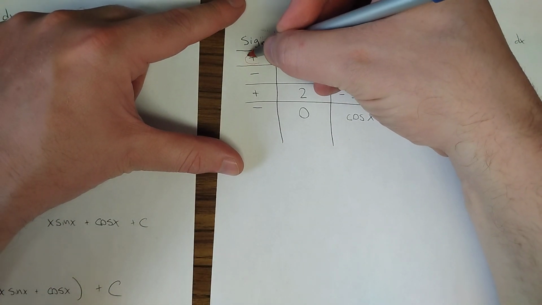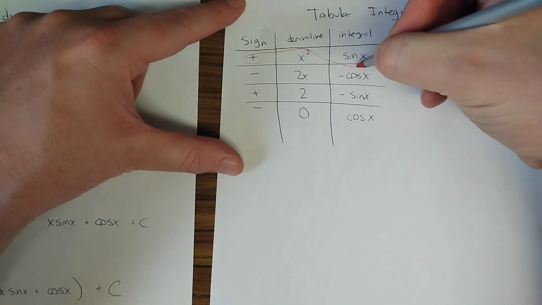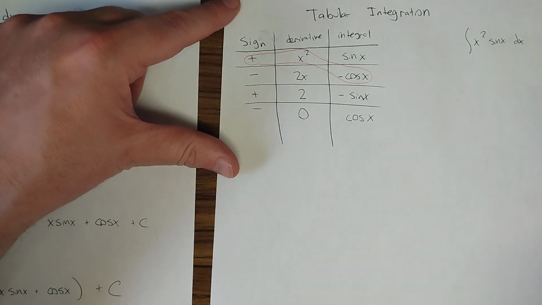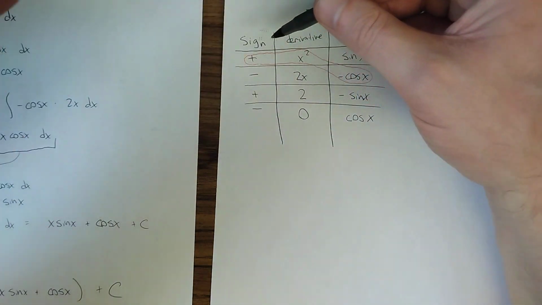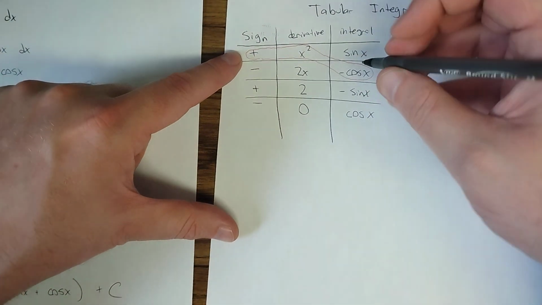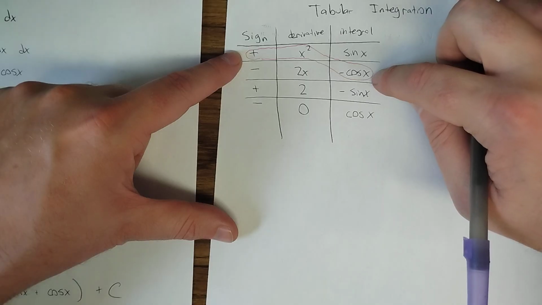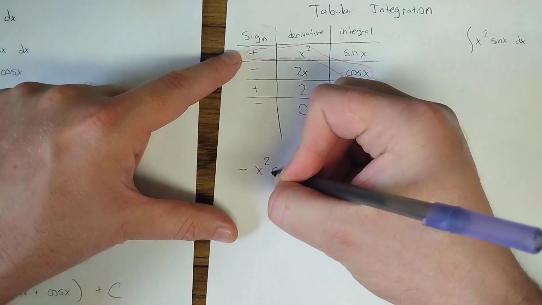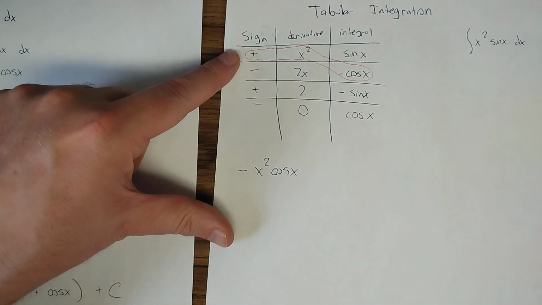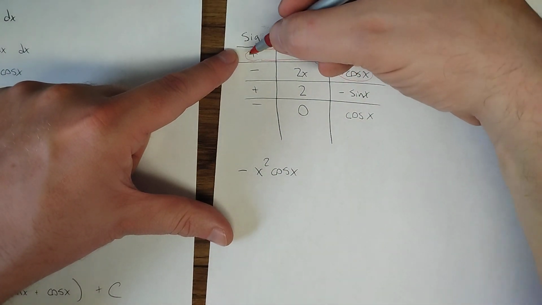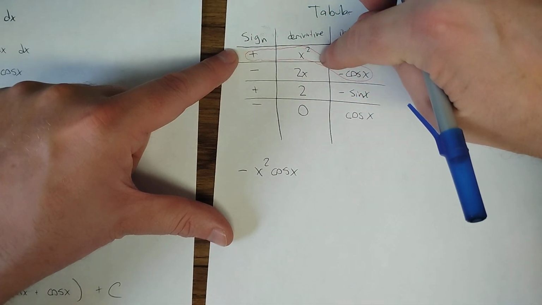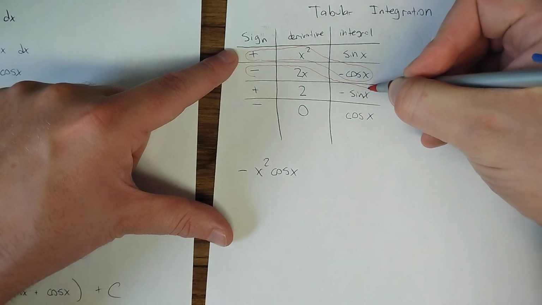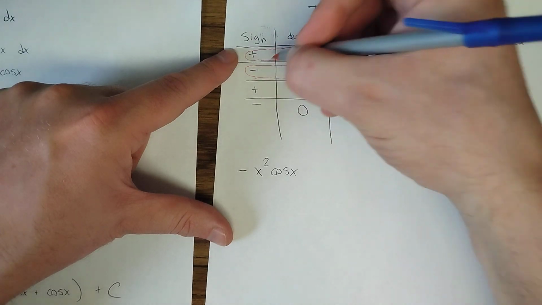I'm going to go like this. So I have a plus x squared times a negative cosine x. So put together, I'm going to write a negative x squared cosine x. And then I do another one of these where it's across and then down. So like this.